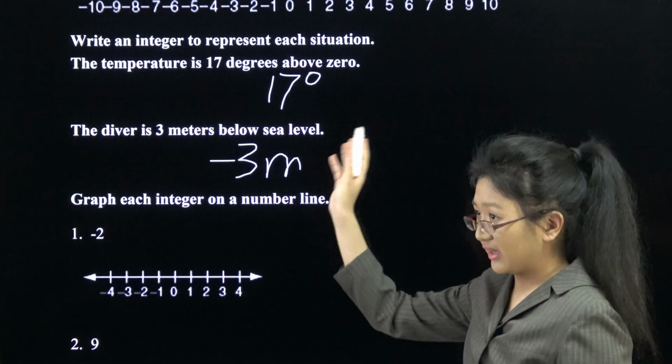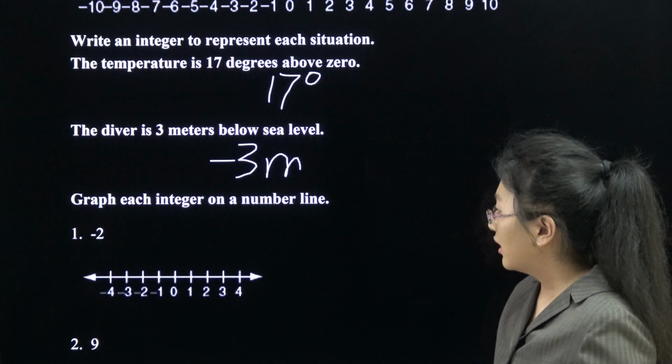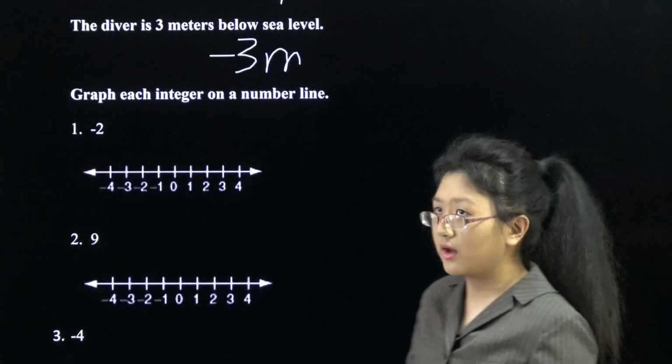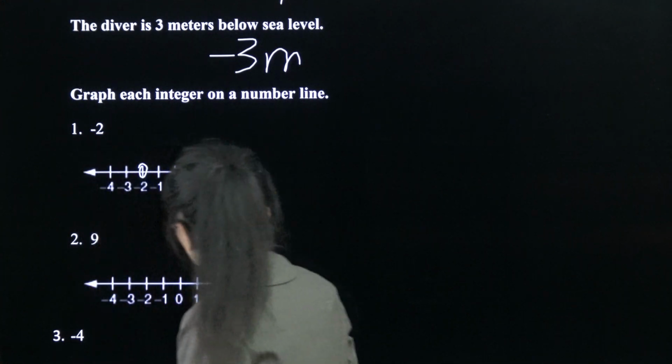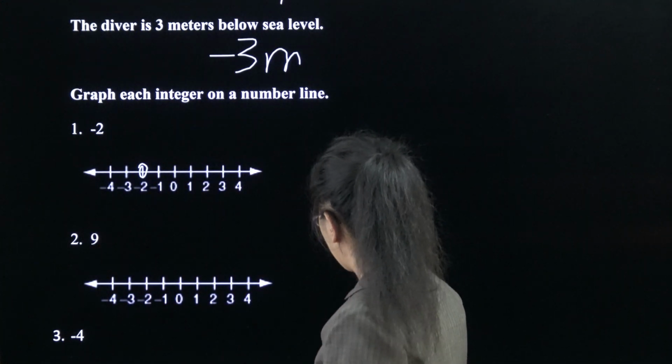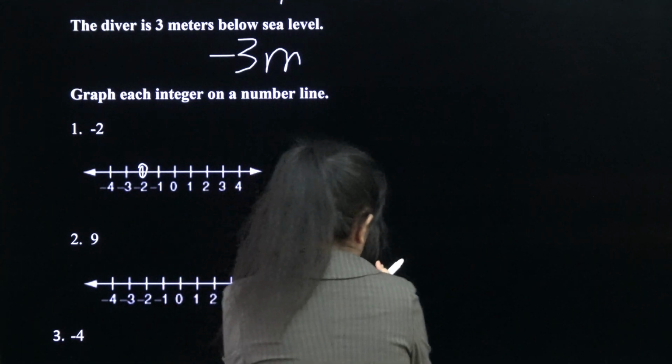It didn't specify. Graph each integer on a number line. Negative 2 would be to the left of 0, so it's here. 9 is somewhere over here. Well, actually, depending on the length, it's somewhere over there.